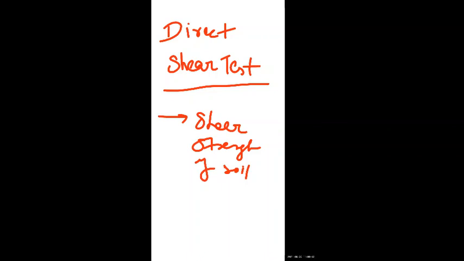So this test is also known as the shear box test, and a square box is used. The test is performed for both cohesive and cohesionless soil.